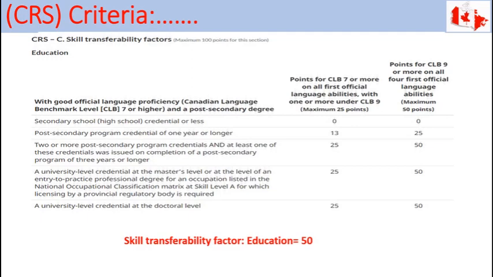You can see here with good official language proficiency, Canadian language benchmarks CLB 7 or higher, and a post-secondary degree. So there is a permutation and combination of how they calculate points. So in this section, we can take an example of education, 50 points here, because we have taken an example of CLB 9 in that case.